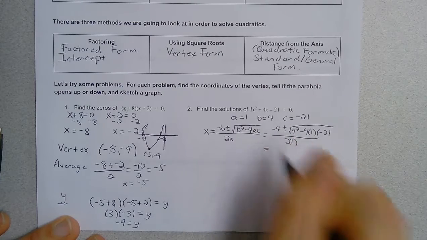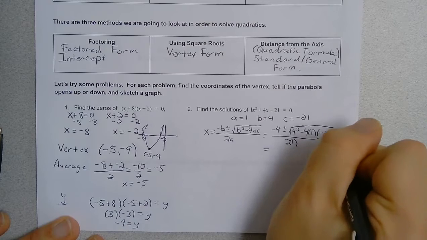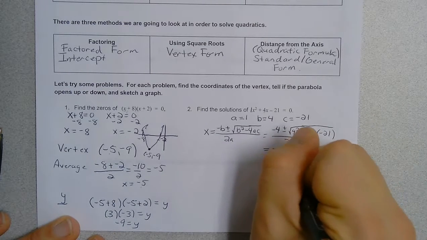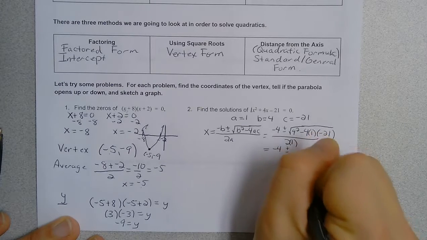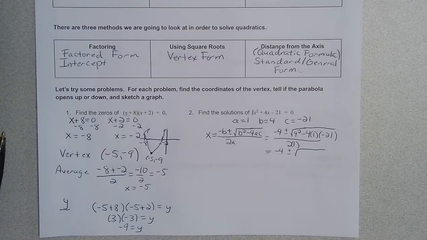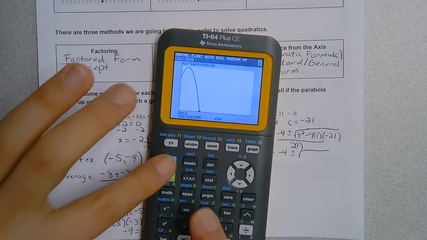So we're going to substitute that further. 4 squared is 16, minus 4 times 1 times negative 21. So I'm just going to compute all of that directly with a calculator.